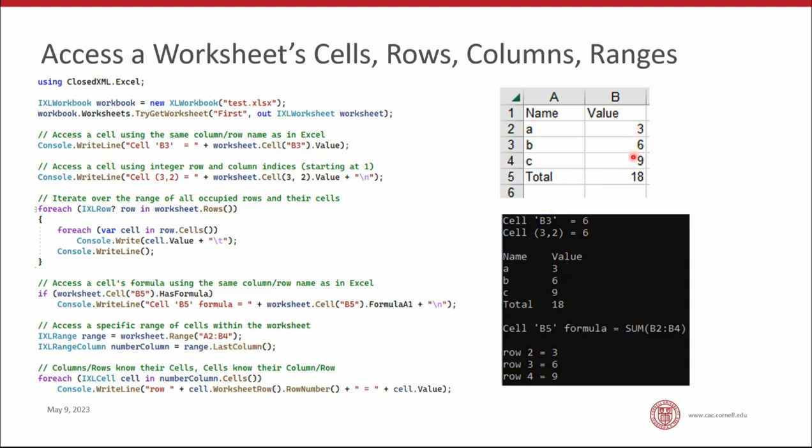So when I say last column, I wind up with another object called a range column, and I can iterate over the cells in that range column. And then I'm going to look at those cells, and what I'm trying to show here is that the cells have knowledge of where they are in the worksheet. They know which worksheet row they're in, and the worksheet row knows what number it is within the worksheet. So I'm printing out here that row 2 of the range was actually row 3 of the worksheet.